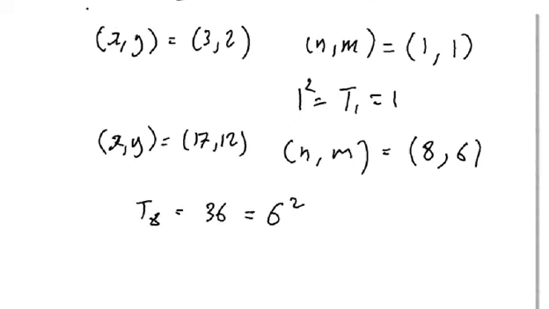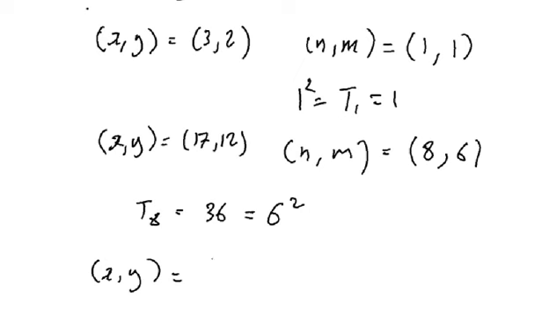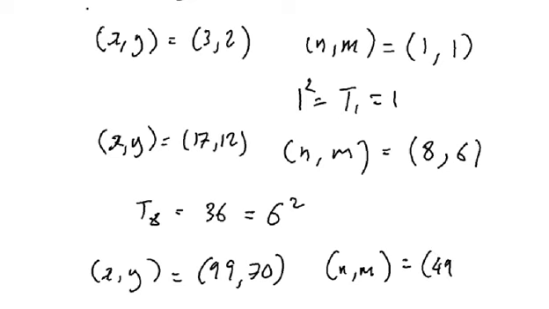Okay, one more. X, y equals 99 and 70. So what about n and m? Well, 99 taken away 1 is 98, divided by 2 is 49. And 70 divided by 2 is 35.